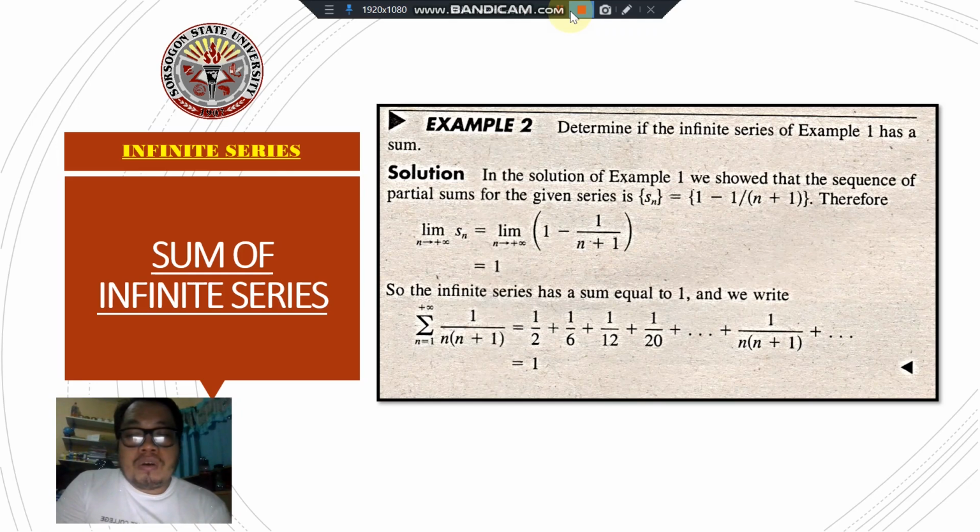And 1 also indicates that the sum of the infinite series is equal to 1. So that is how we write the sum of an infinite series. So that is equal to 1.